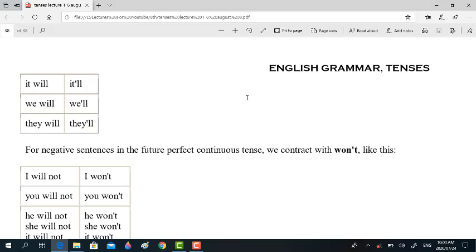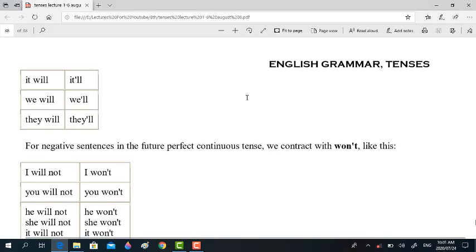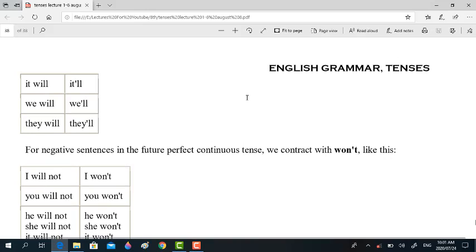Try to learn these things by heart. You need to focus and keep the structure and the uses of each tense in your memory, for use over a long period of time or in the future, right?